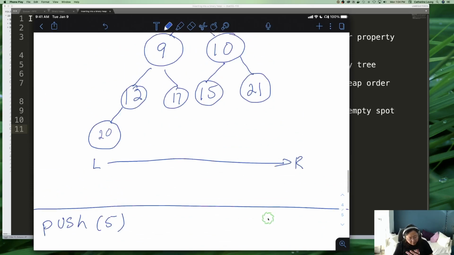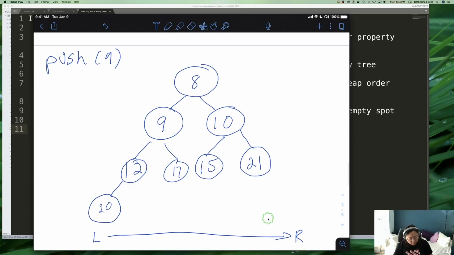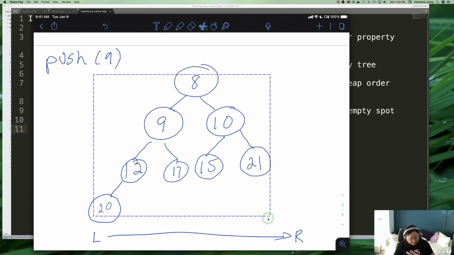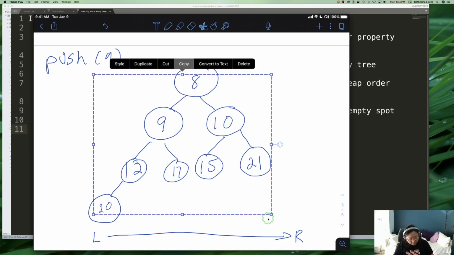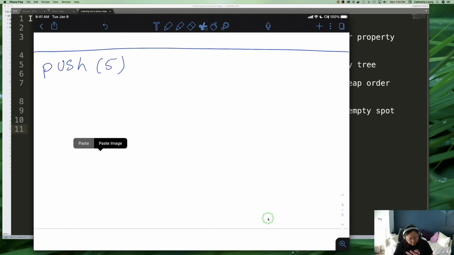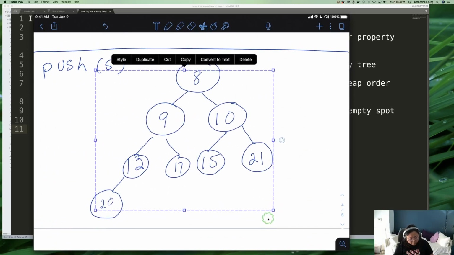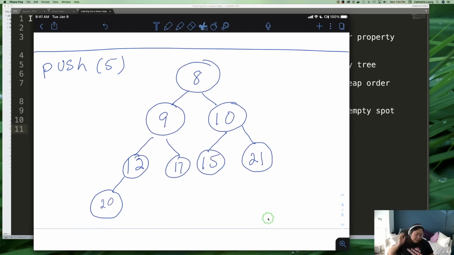Push 5. So here's our tree. What would happen if I pushed 5? Okay, so again, pause the video until you're finished. Start with this. Try to push 5, and then you can test the answer in 5 seconds.